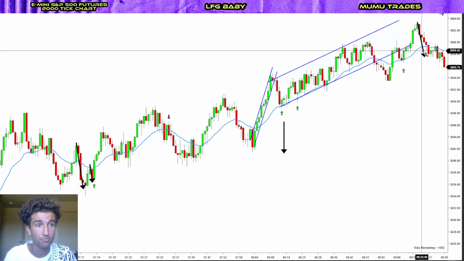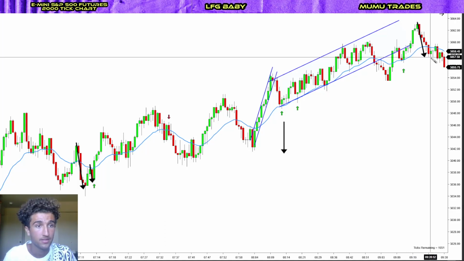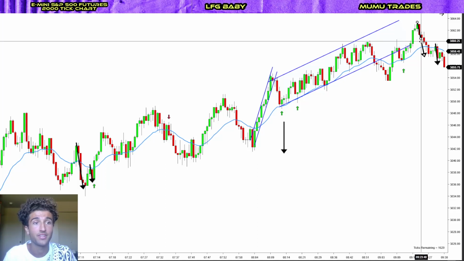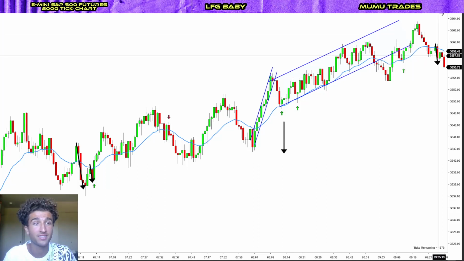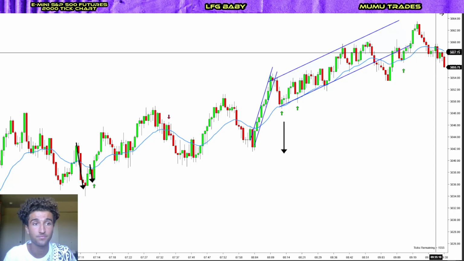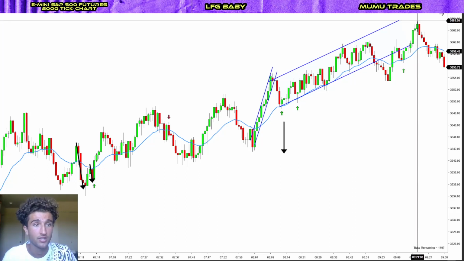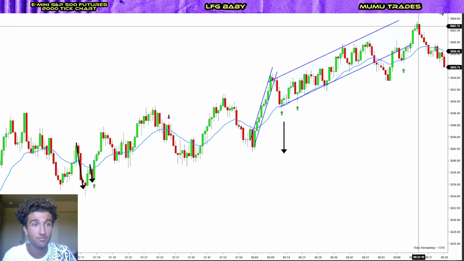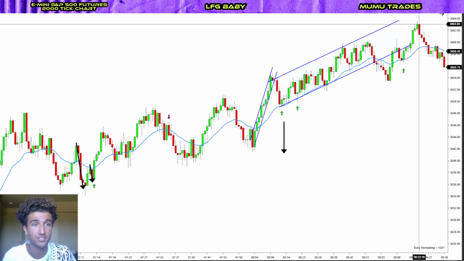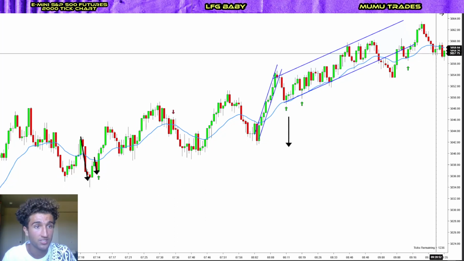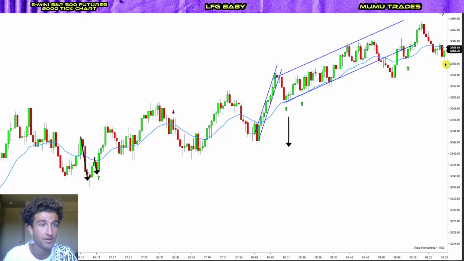So we have one pullback here, another pullback, but in reality we want to look for pullbacks in the opposite direction because we're looking to trap the people. So if we're looking for longs, we would be counting from the highs and be looking at pullbacks in that direction. So we're going down, we have a first entry long, and we went down once again, and we have a second entry long right here.